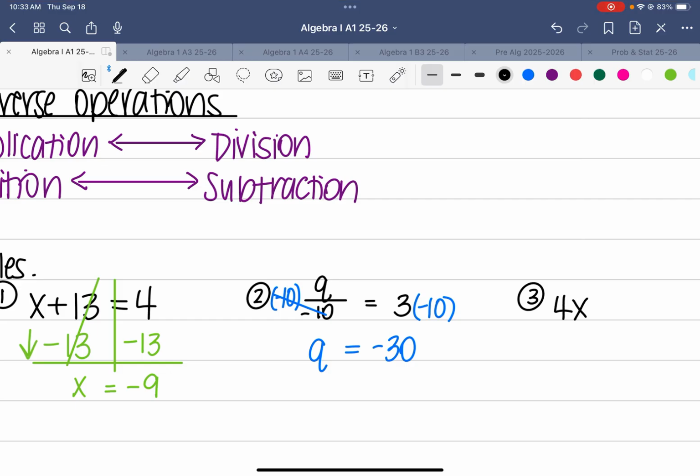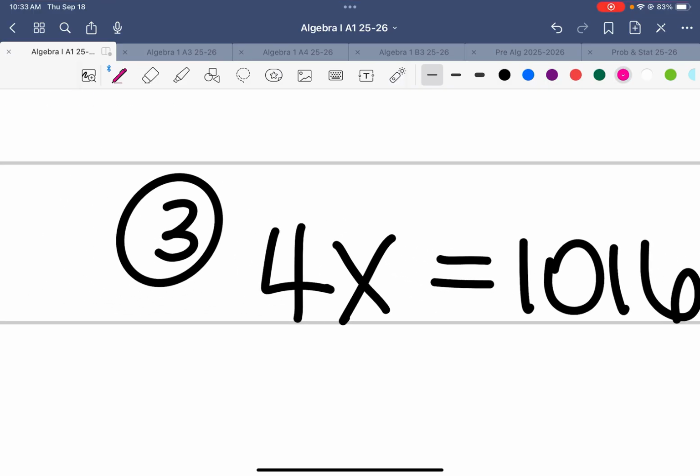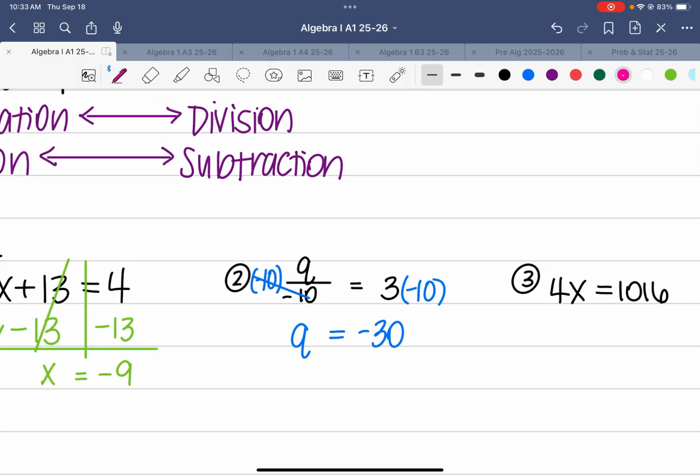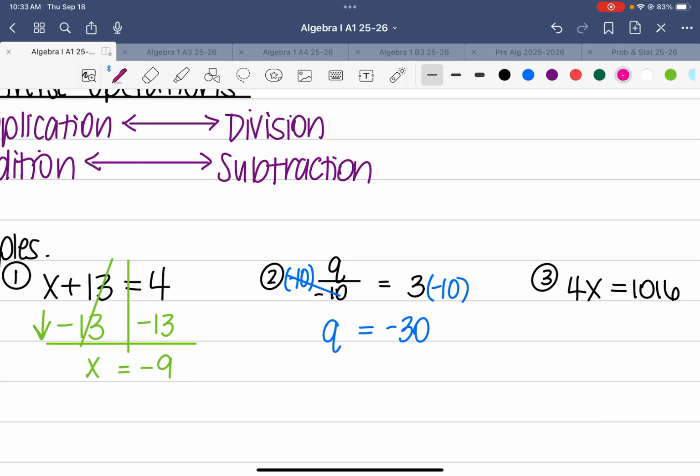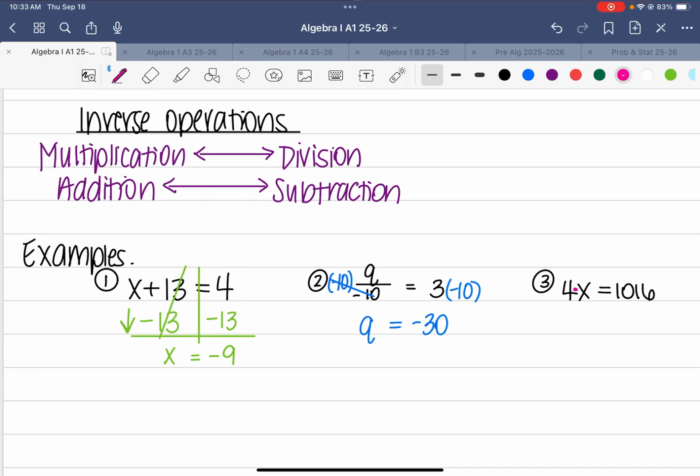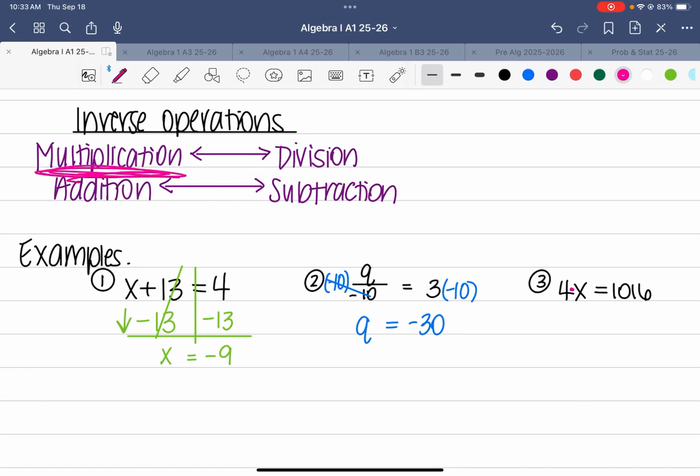If I have 4x equals 1016, what am I doing with my 4 and my x? I don't have a symbol written there. What can I assume is there? What's a symbol that I never, ever have to write? That would be multiplication. So if I have multiplication in my given problem, what undoes multiplication?